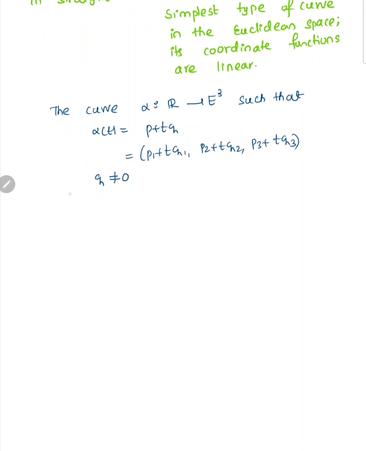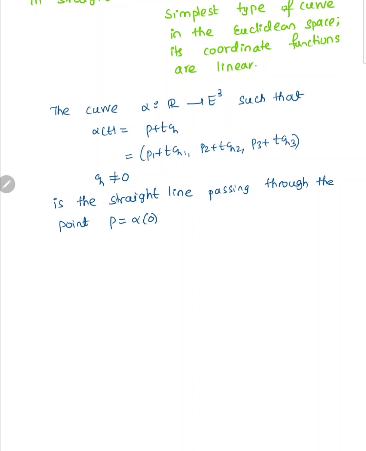So this is the straight line passing through the point P, which is obtained by putting t is equal to 0.